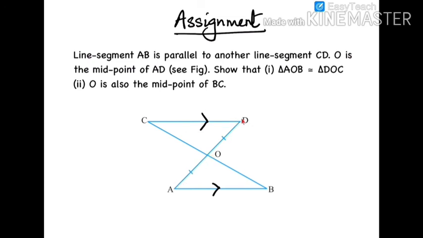So we can say that DO is equal to OA. We have to prove that triangle AOB is congruent to triangle COD and O is also the midpoint of CB. Try to write the steps of the solution on your own. After you have finished, only then check your answer from the textbook. See you in the next class. Until then, goodbye.